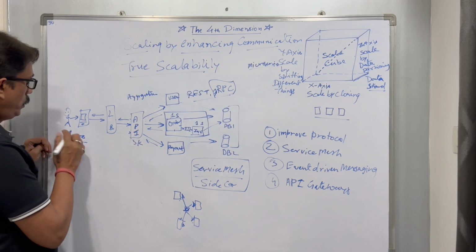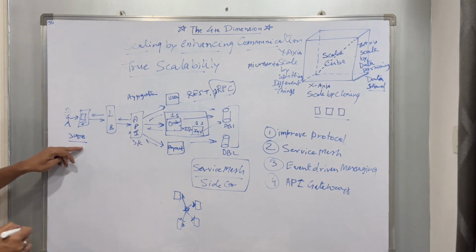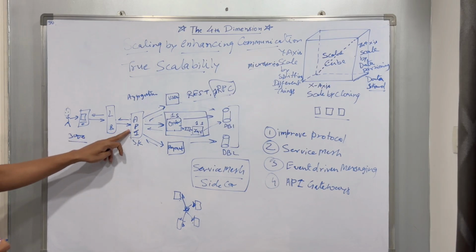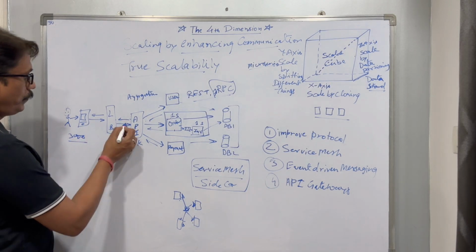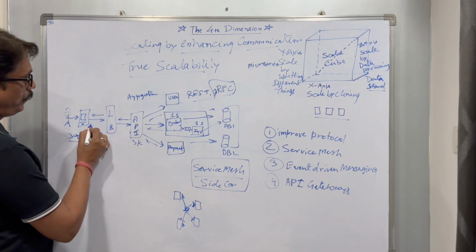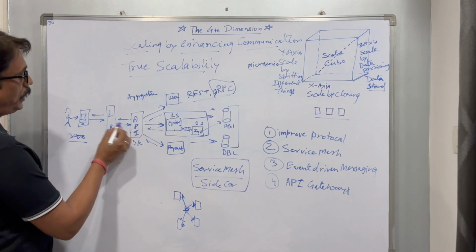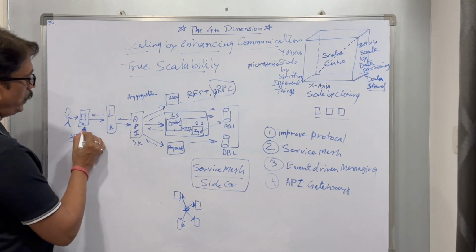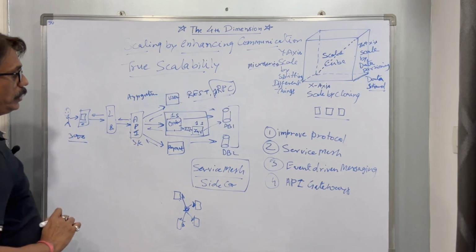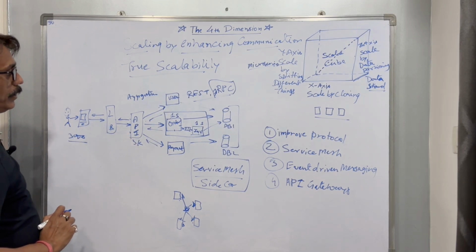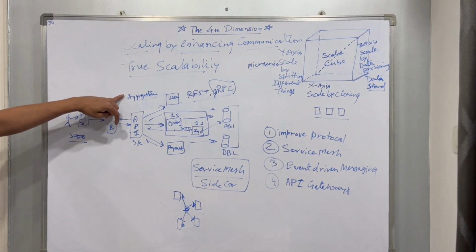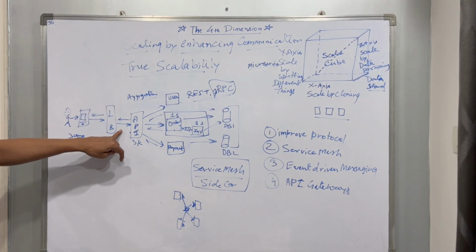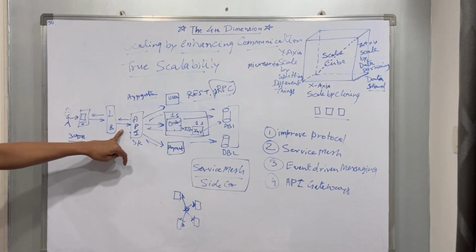Now 3000 users or clients will be able to send requests to the API gateway, because the number of requests reduced from 3 to 1 between the client and the API gateway. So that is one way of aggregating the response and reducing the number of requests.